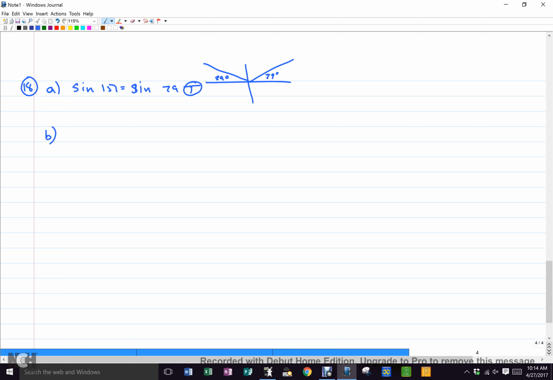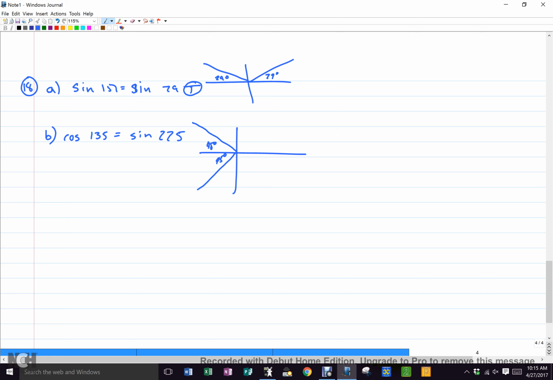B, cos 135 equals sine 225. So I gotta go to my drawing. Cos of 135 is going to be out here, yeah? Which means it's got a reference angle of 45. 225 is going to be down here with a reference angle of 45.